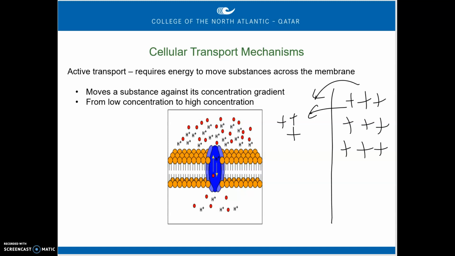We're going to take the particles from the smaller concentration area and move them into the area of larger concentration. So here we're looking at hydrogen ions. We're going to use a protein channel because it's an ion, and it's going to be pumped in here, going from an area of low concentration to an area of high concentration. Okay, and that's active transport. It costs energy. We have to put energy into it in order for it to work.